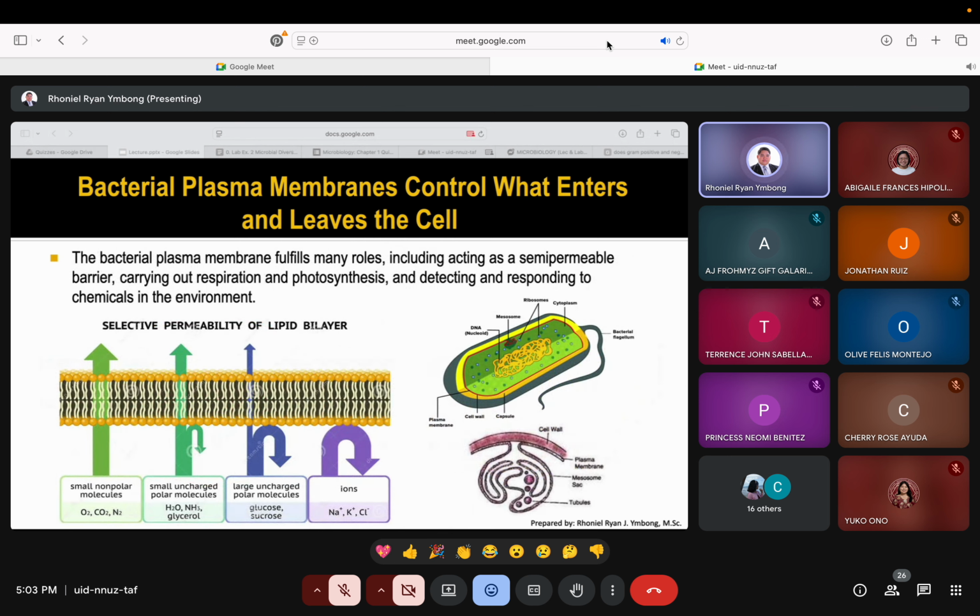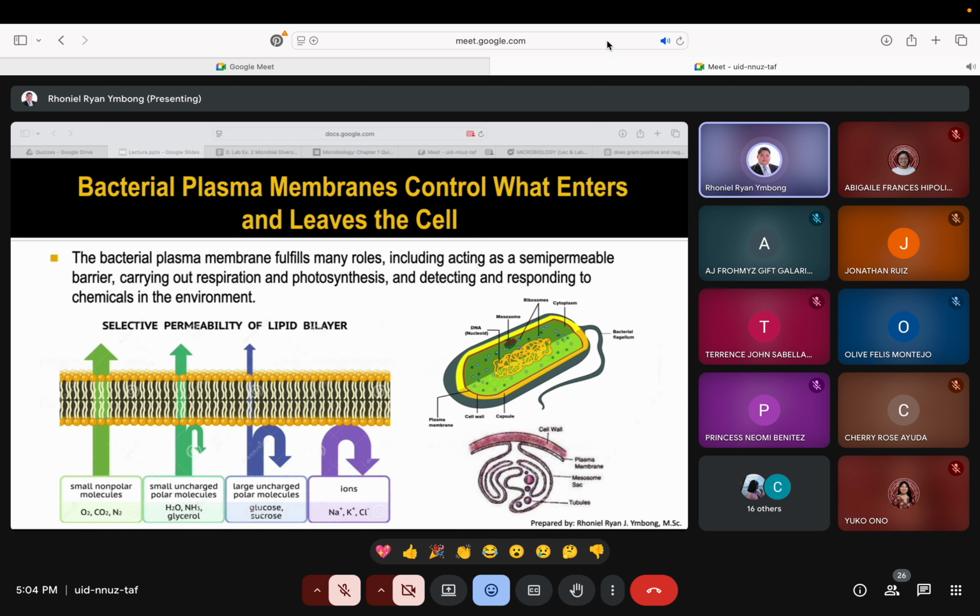So here, this depicts the very function of your plasma membrane as a semi-permeable membrane. As you can see, your small nonpolar molecules such as oxygen gas and CO2, gases that are essential for photosynthesis and respiration, can pass through the plasma membrane quite easily.